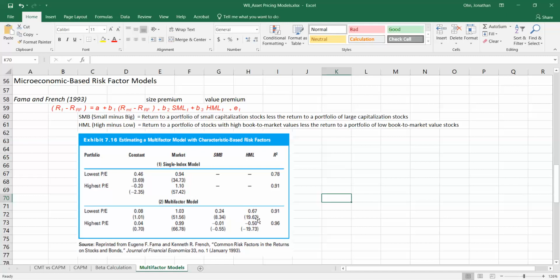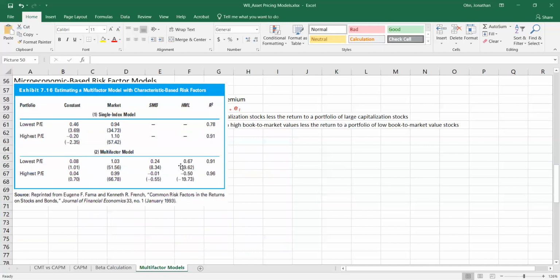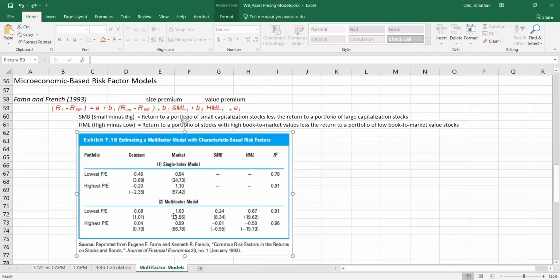If the value premium is positive, then this portfolio tends to be value stocks with high book to market value.